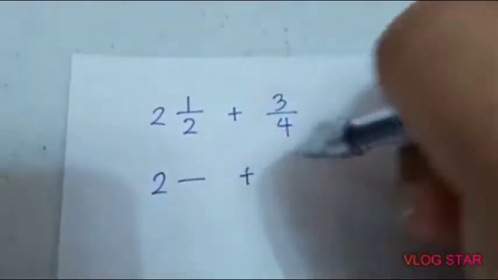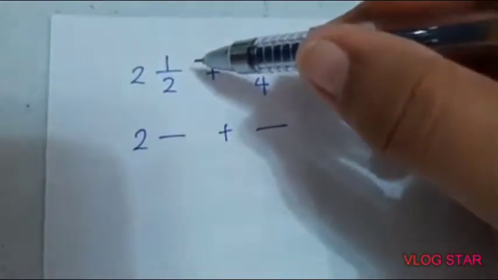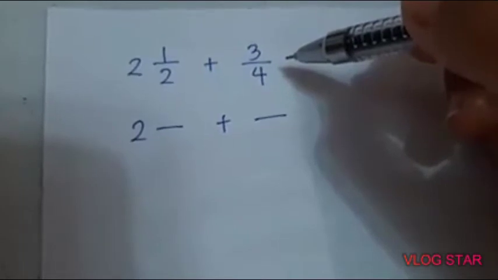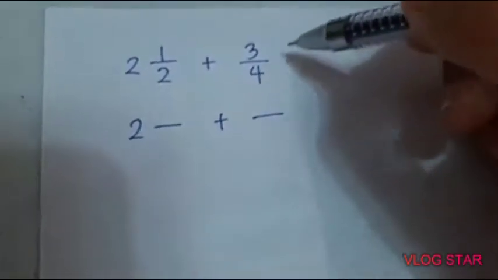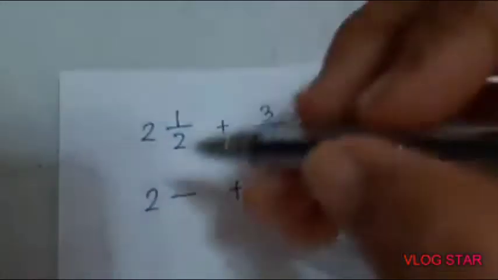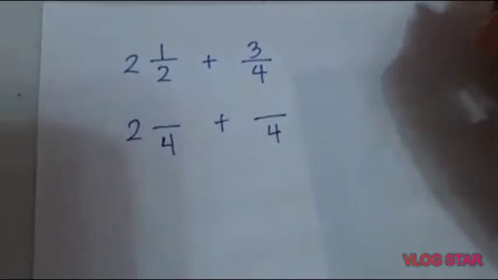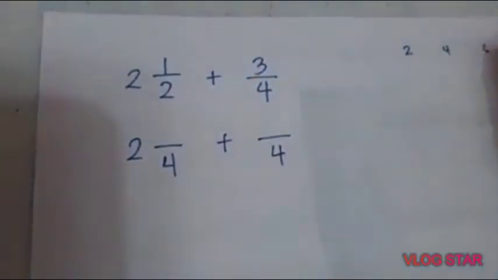So in converting a mixed number and a fraction to similar fractions, you need to copy the whole number. Then think of a number which is a product of 2, which is also a product of 4. The least one. So the answer is 4. If you cannot think of a number, you may do skip counting: 2, 4, 6, 8, 10, and so on.